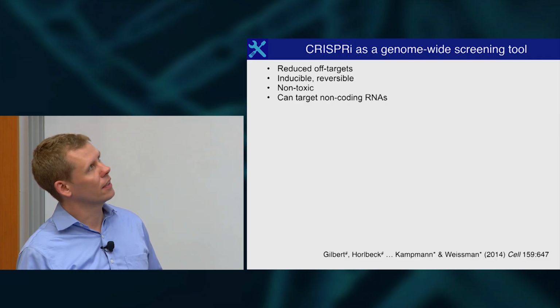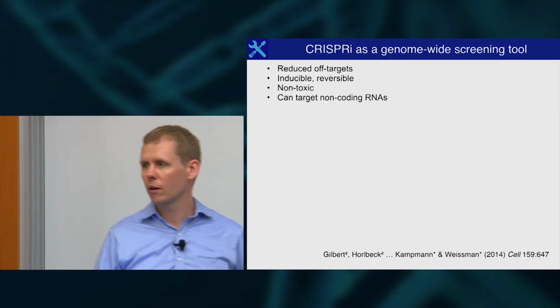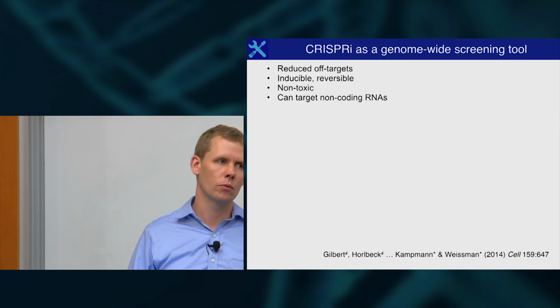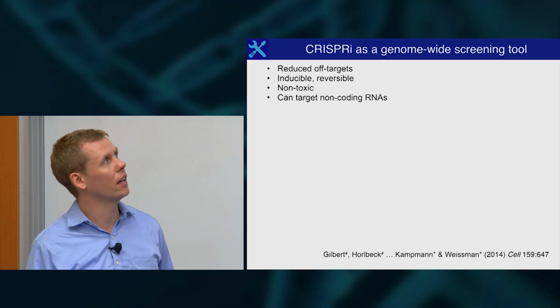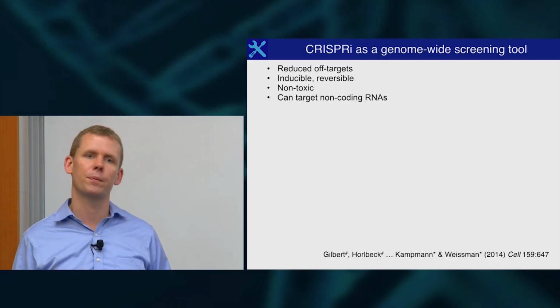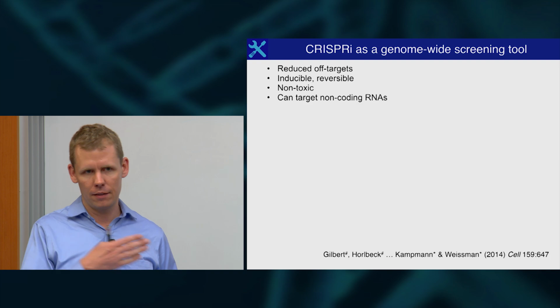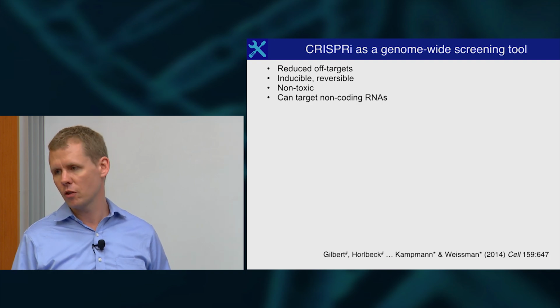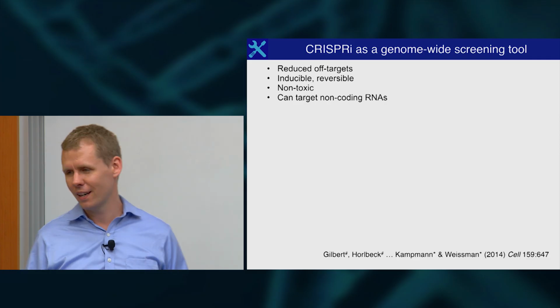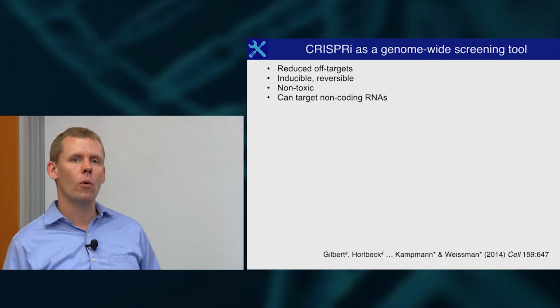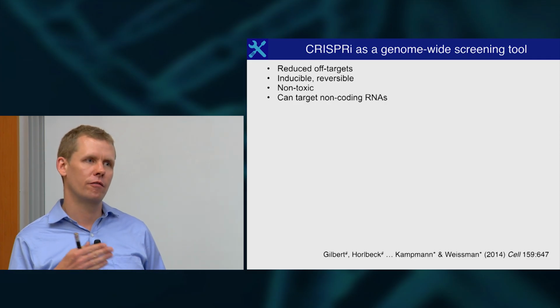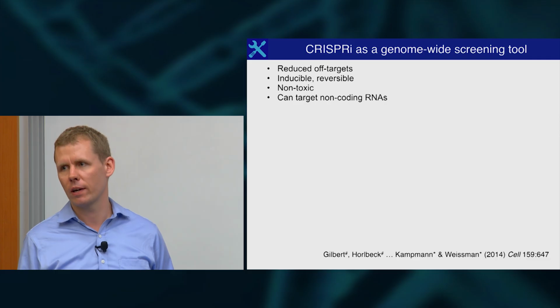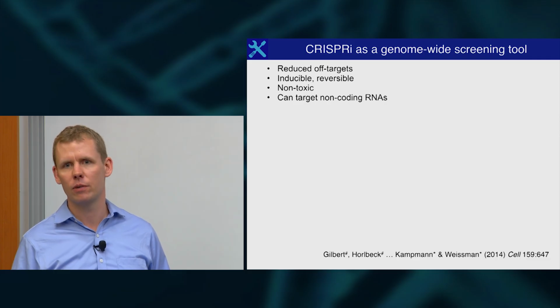One of the other nice things that Luke already showed in his talk was that CRISPRi can be used to effectively target non-coding RNAs, which is not trivial with CRISPR cutting, because clearly, as we said before, CRISPR cutting would rely either on getting a frameshift, but there is no frame in non-coding RNAs, or knowing which regions are crucial for function, where a small indel might really disrupt function.